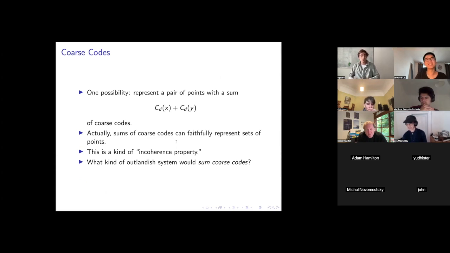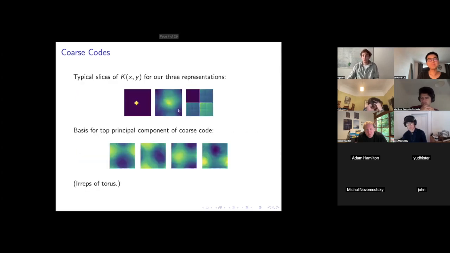Okay. One way you can think of this is to look at this image here. This is the function where I'm fixing a point x and looking at cosine similarity of the embeddings of other points with x. This is a field that's concentrated at that point, so I can identify the point from its embedding in this way. Now imagine that I took x and then I also took y.